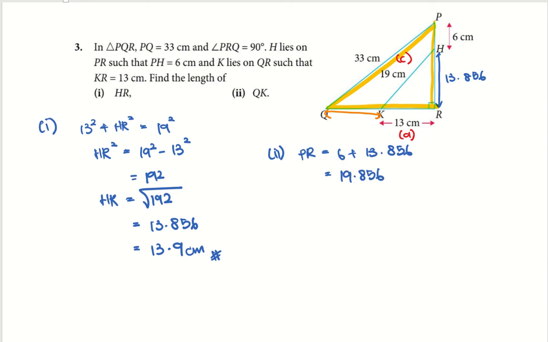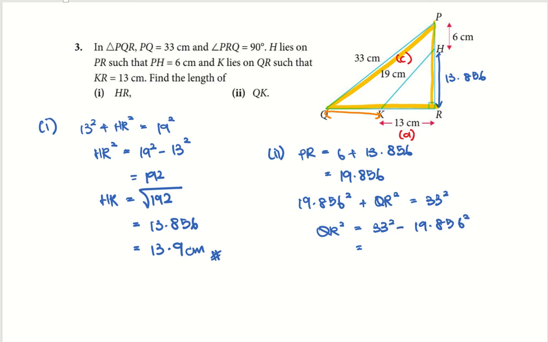Knowing the length PR, let's plug into your Pythagoras theorem. That would be your A square plus B square. I'm going to take your QR to be an entire B first before I can find your QK. And this is equal to your 33 square. So solving for QR, minus away your 19.856 square.